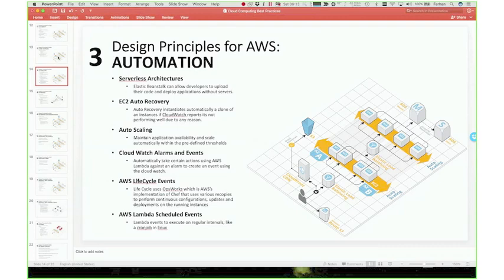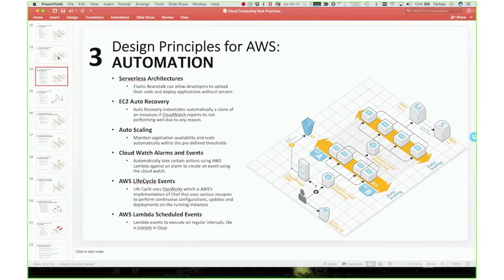When you talk about EC2 auto recovery, CloudWatch can monitor the whole cloud architecture. CloudWatch can report a certain instance that is underperforming and has high CPU utilization because of some error, or high memory utilization because some garbage collection was not done properly.